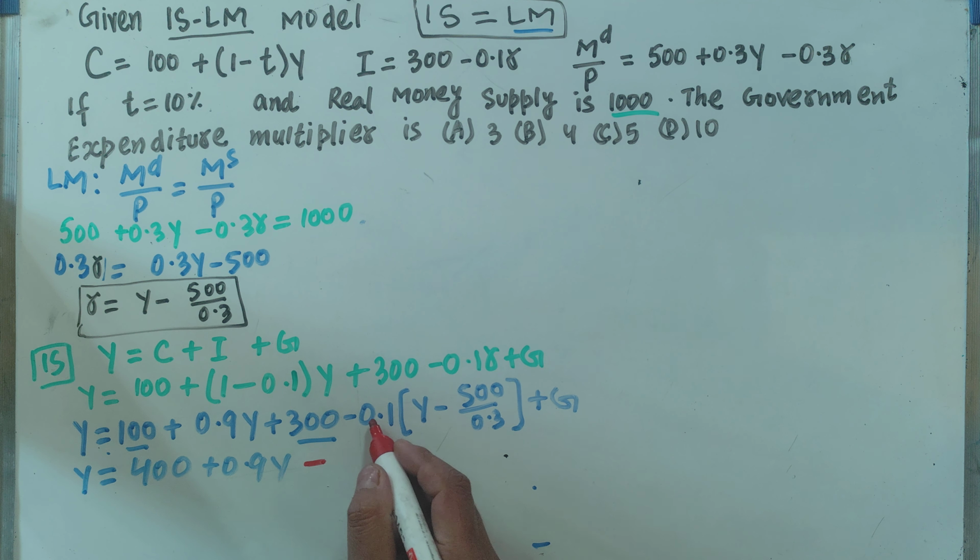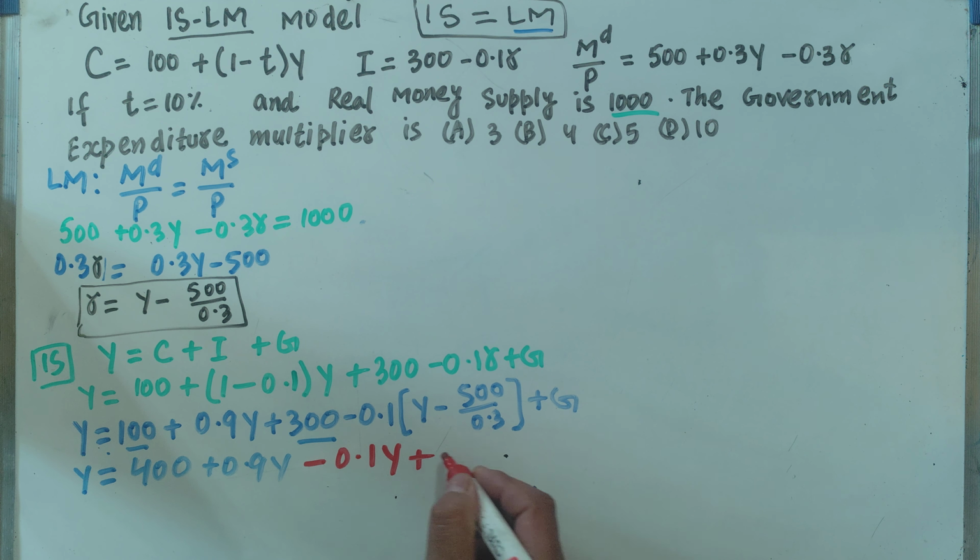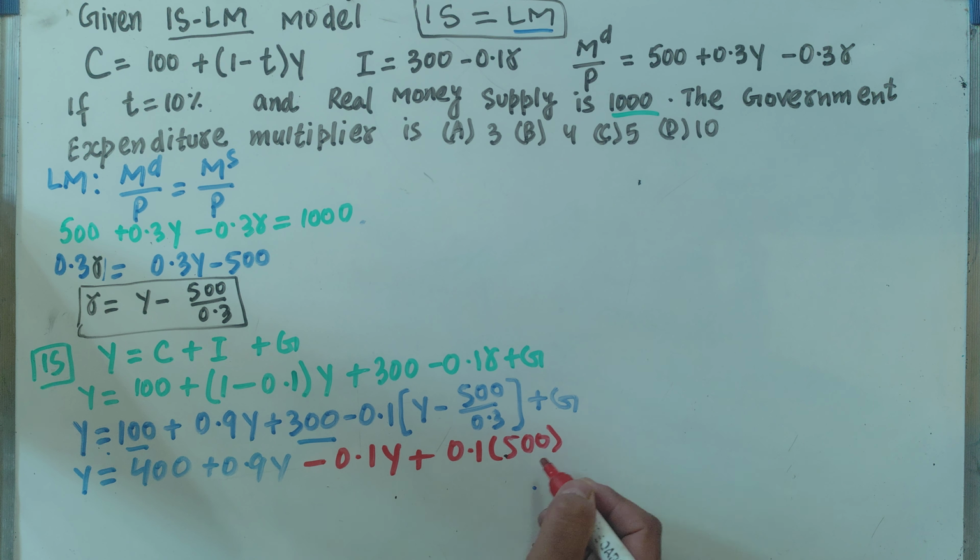Then we have minus 0.1Y, and minus into minus is plus, then 0.1 into 500 divided by 0.3, plus the government expenditure.